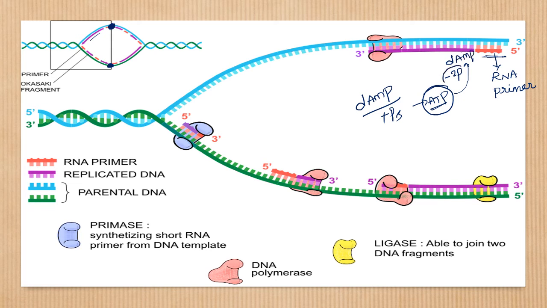And this released phosphate: we studied that when ATP splits, it releases phosphates plus energy, because when bonds are broken, energy is released. That energy is used to form these hydrogen bonds between the two strands.